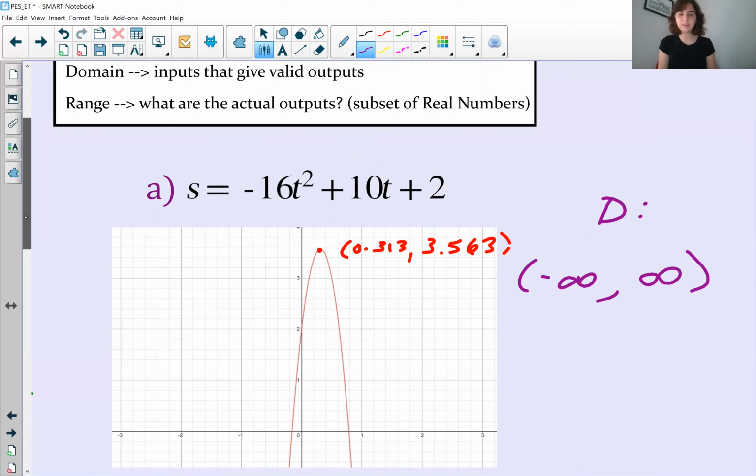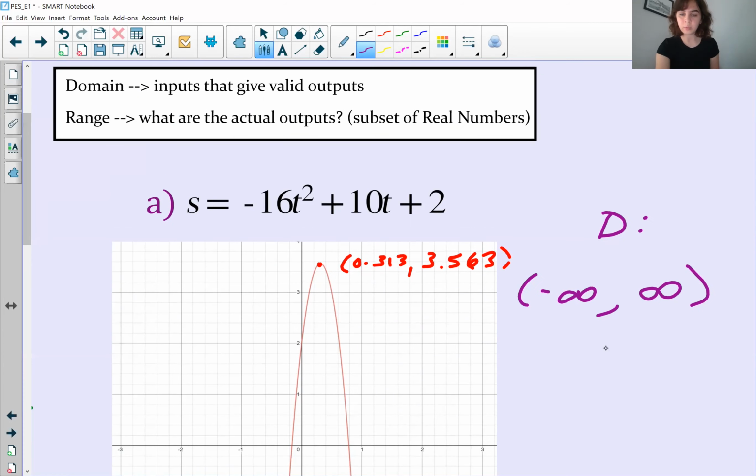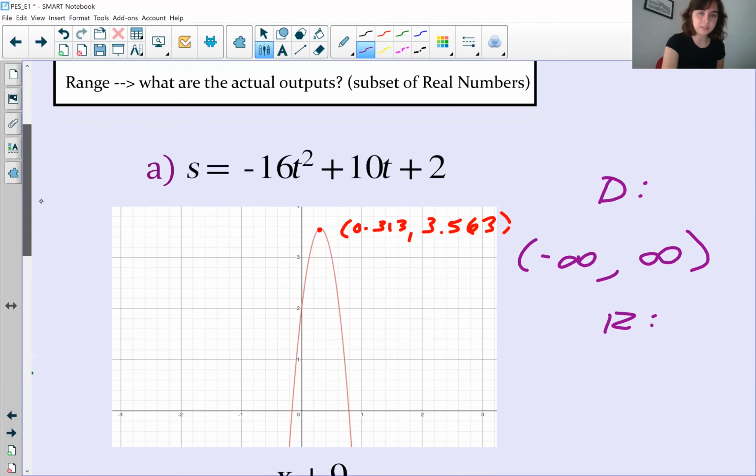And then our range is going to be what we actually get from that domain. And sure enough, it's actually going to be a subset of real numbers. You might be tempted to think that it's negative infinity to positive infinity, but we have to understand the nature of this function.